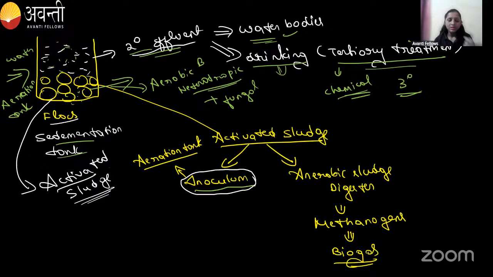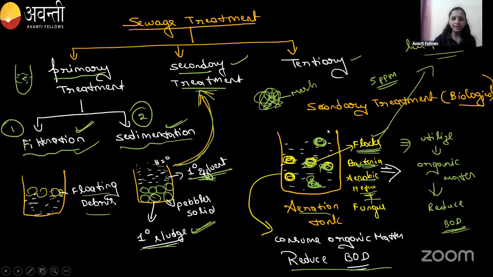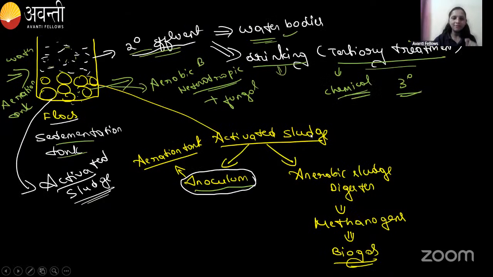Like here also, from the activated sludge, we take a small amount as an inoculum and transfer that into the aeration tank, where we use bacteria along with fungus. That is the one part.